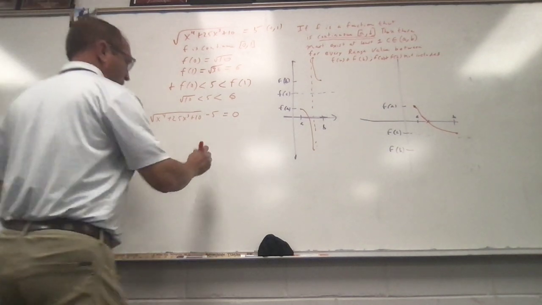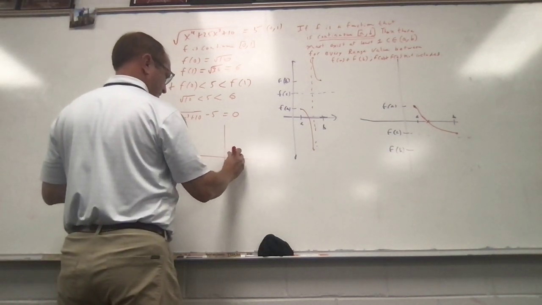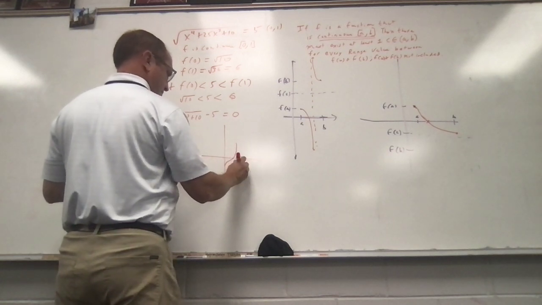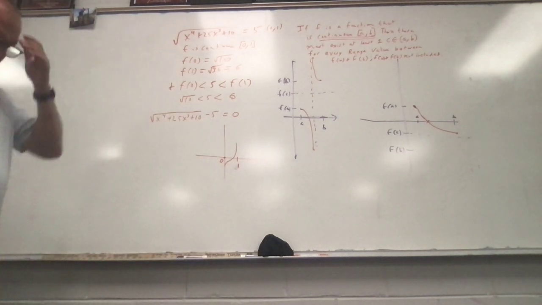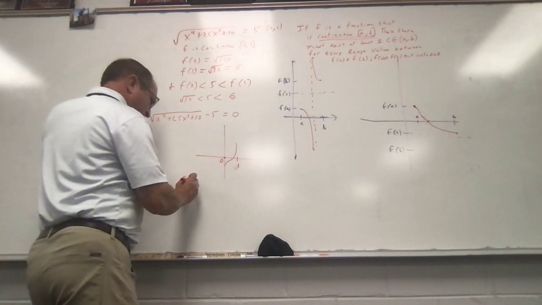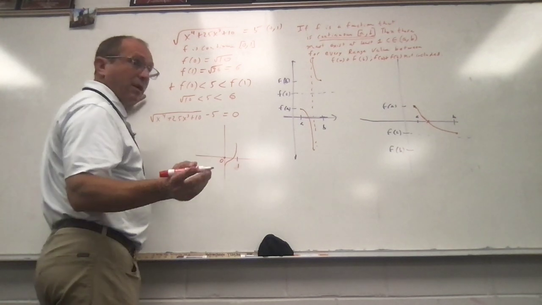So here we are, and there's 1 and there's 0. Now what you want to do next is go to second and then trace. There's the calculate button.